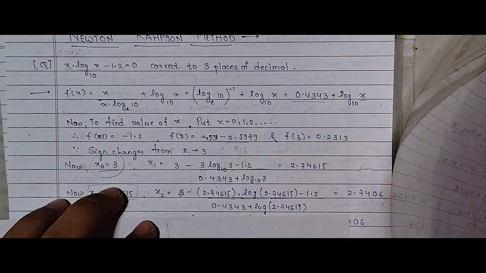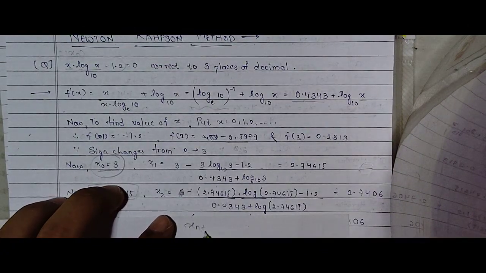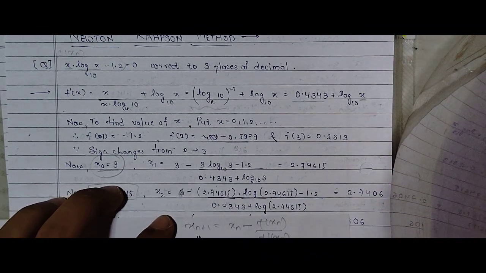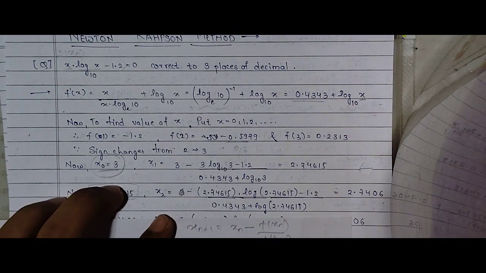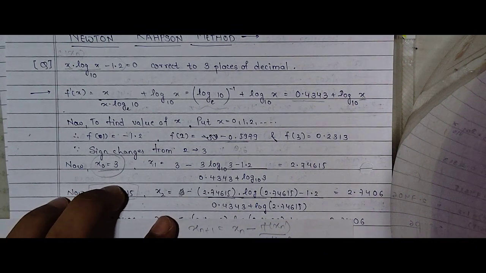Our formula was x n plus 1 equals x n minus f of x n upon f dash x n. So when we will be calculating for x2, we have to put here x1 minus f of x n, sorry, f dash x n.